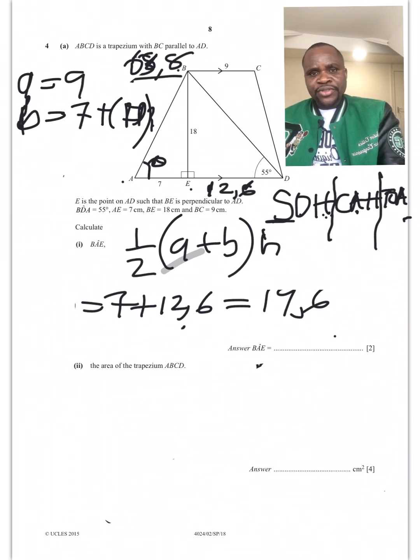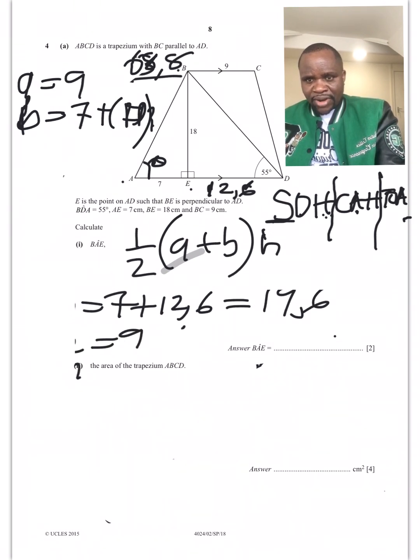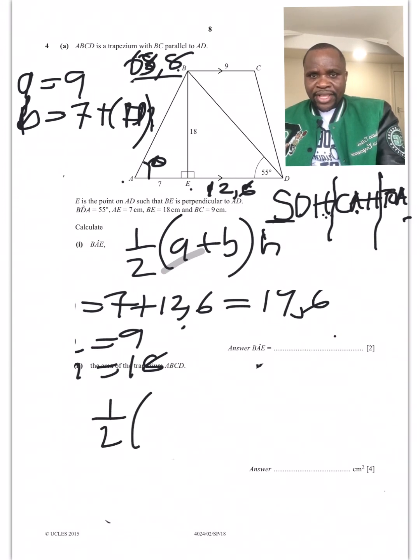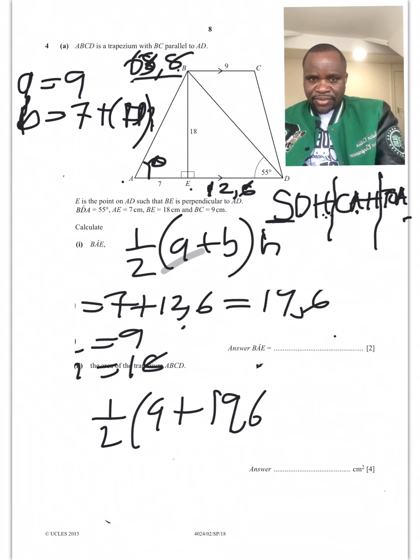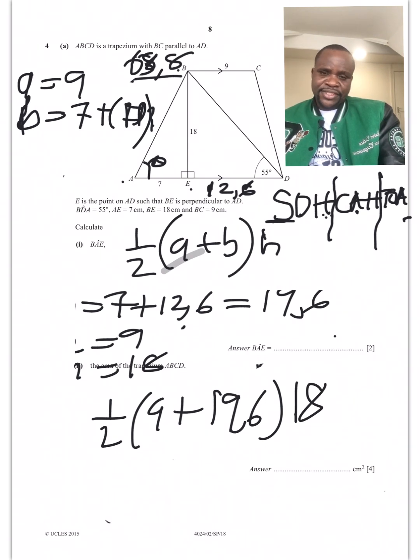So now when we go into the formula, we know this one is the height of the trapezium. Our A is 9, and our height is 18. Right, let's go to the formula. It is half, A, which we plug in as 9, plus B, which is 19,6, and then times height, which is 18.